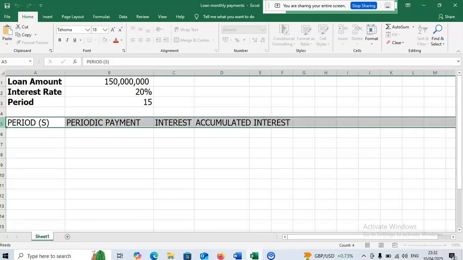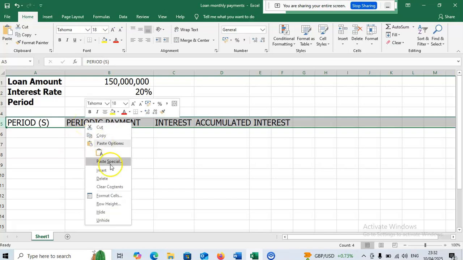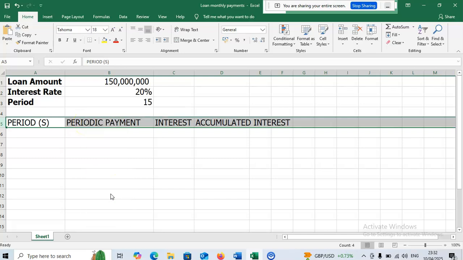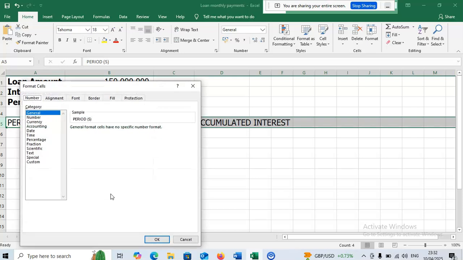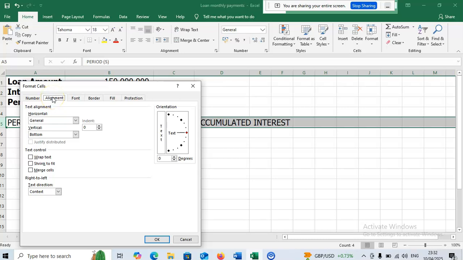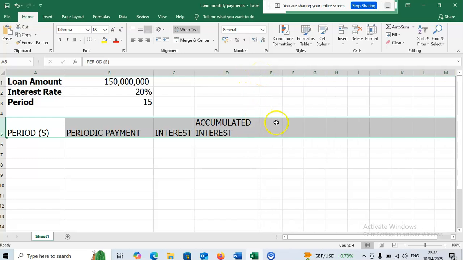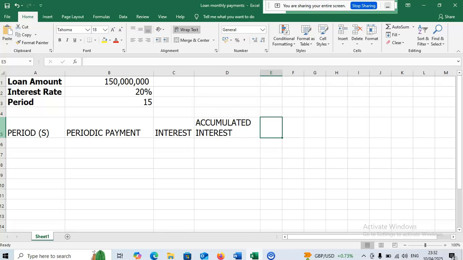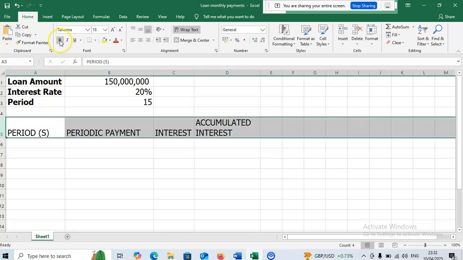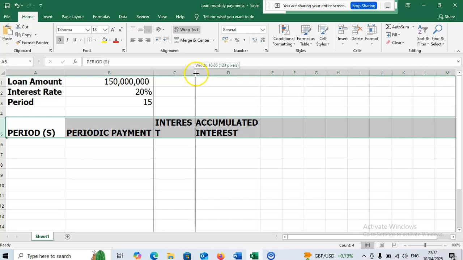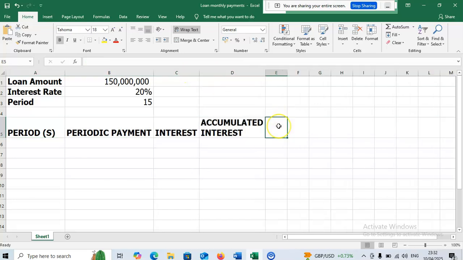You select the cell, right click, select format cells, go to the alignment tab, click on wrap text, then click on OK. See, the cell is now compressed. You can make this entire row bold. Okay, so it's now bold.